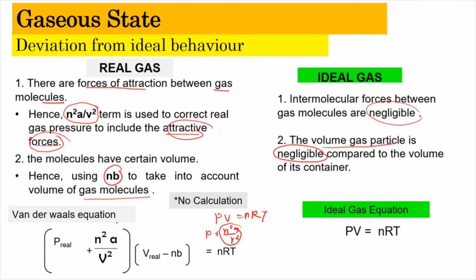So at the V term here, we deduct the volume that is occupied by the gas molecules, so that we find the effective volume. And for the others, nRT, we just copy it back. For this reason, we have created the Van der Waals equation, known as the real gas equation.